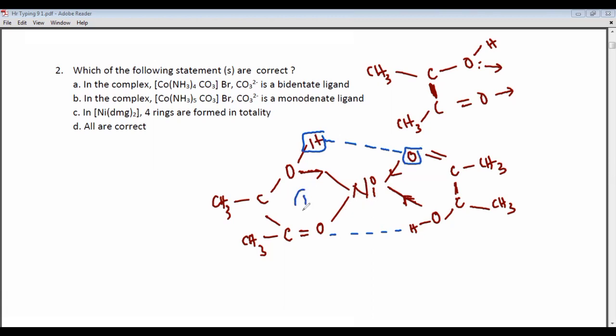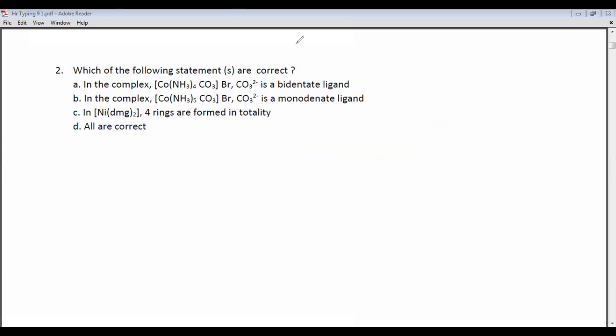So there actually forms 1, 2, 3, 4, 5, 1, 2, 3, 4. So a 4-membered ring. So there are actually 4 different rings formed, which means that's also correct. So all statements are correct here.